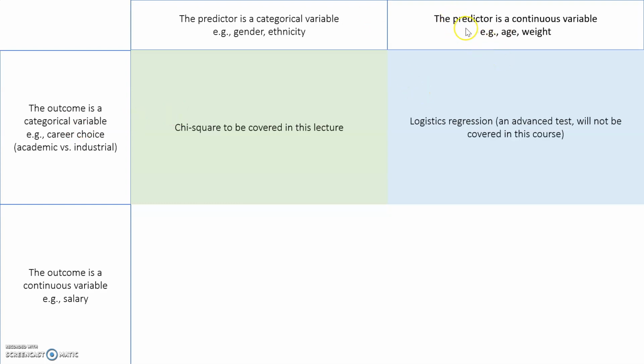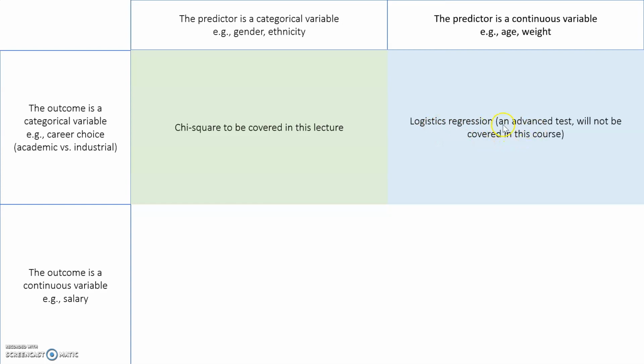The possible predictor we are proposing here is weight or height. It is a continuous variable. And we want to see whether this continuous variable has any influence on people's career choice, which is a categorical variable. In this situation, we're going to use something called logistic regression.